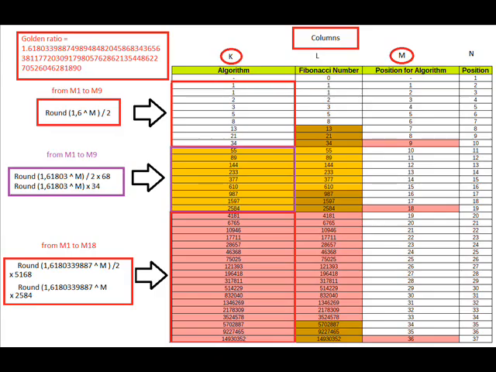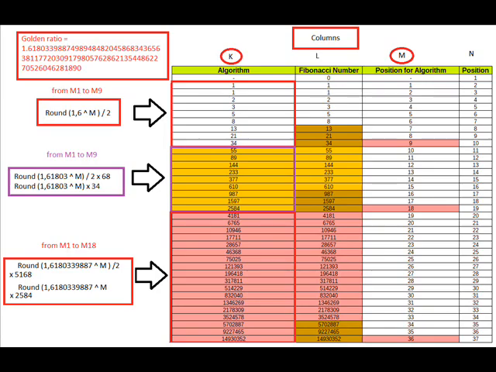For the values from 55 to 2584, the equation used is 1.61803 to the power of m times 34. That is, times the previous Fibonacci number.